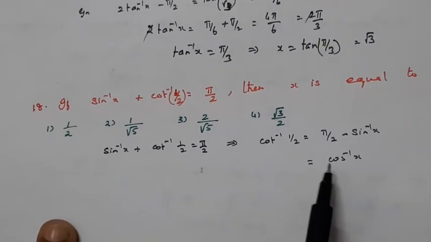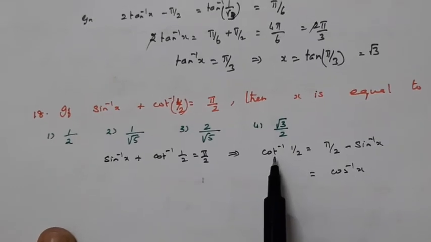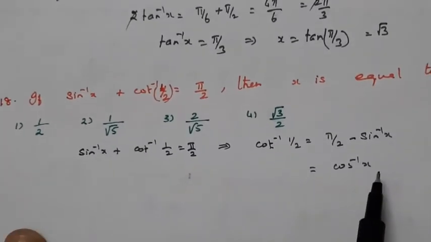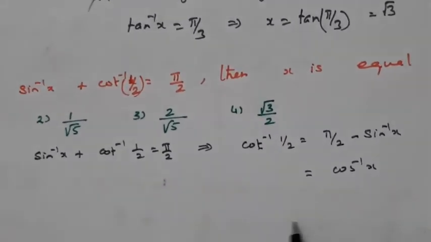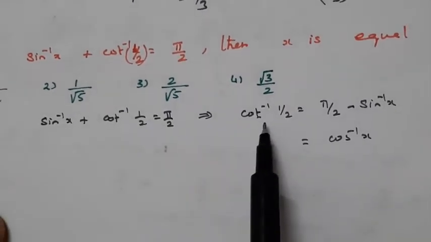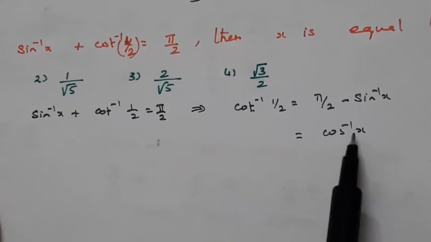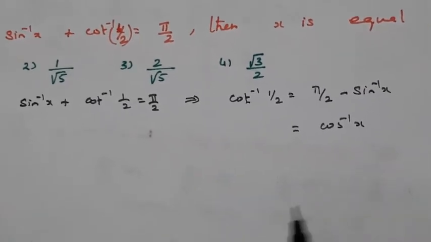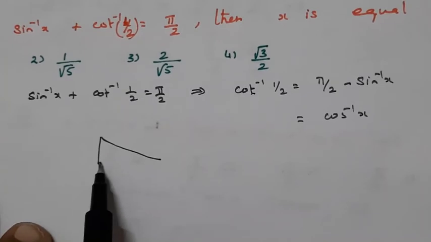So, from the given equation, we have transformed cot inverse of 1 by 2 is equal to cos inverse of x. So, by constructing a right triangle and taking this to be theta, and if you convert this to cos inverse of some value, then we can find out the value of x. Okay. So, let us construct a right angle triangle.